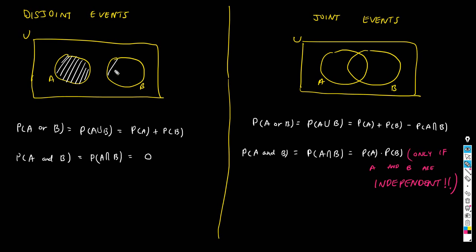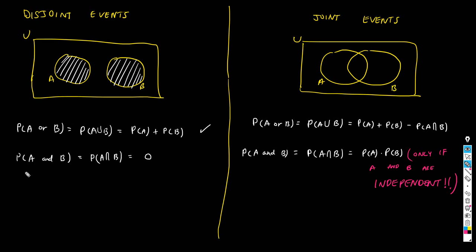And the same for B. This area means the probability of A. This other area means the probability of B. So, what is the probability of either event happening, either A or B? Well, it's just basically the addition of the areas, right? It's going to be the probability of A, which is this, plus the probability of B. That's about it, guys. It's just the sum of the areas.